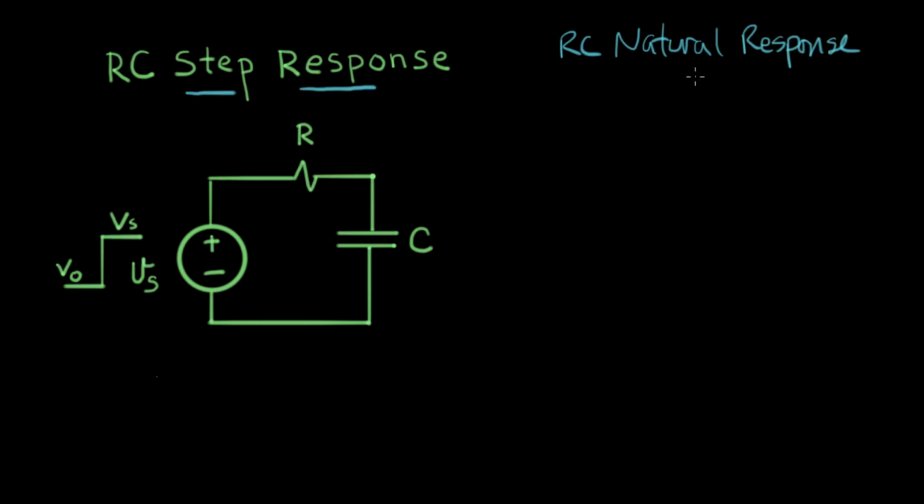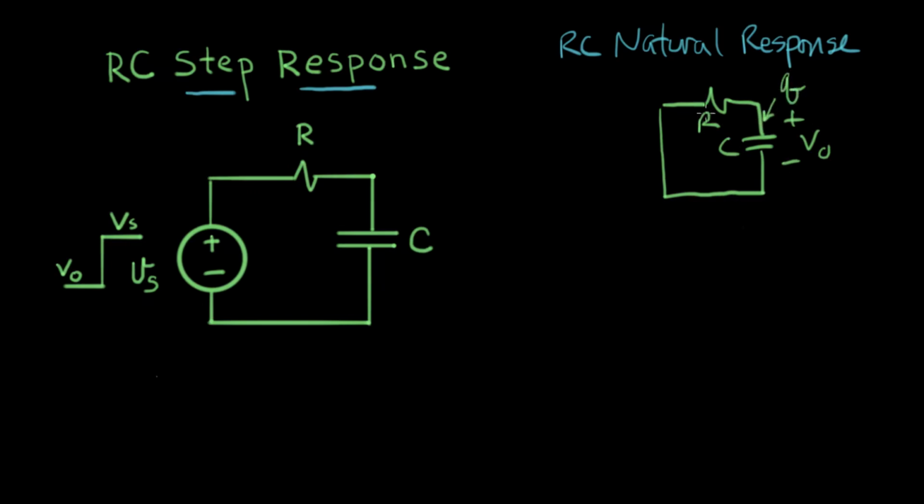Now, in the RC natural response, what we had was no energy going into a circuit. We had an RC circuit like this, and there was nothing connected here. So the source was removed, and we had a C and an R, and there was a voltage on the original capacitor. There was some charge on this capacitor right here.